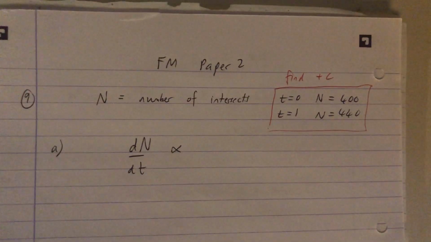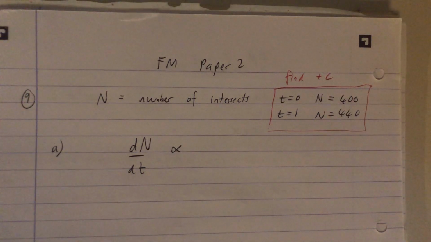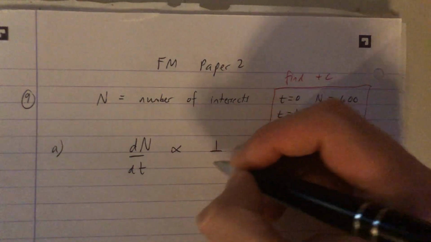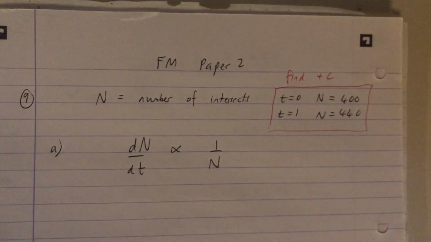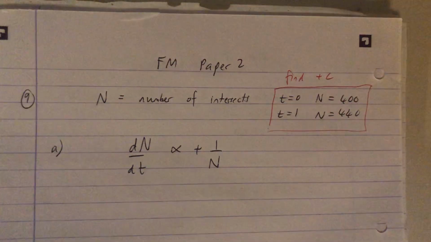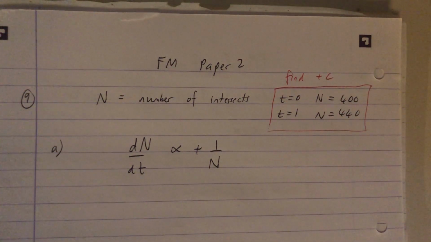Now the letter n represents the number of insects at a particular time. So inversely proportional would be 1 over n. And the only other thing I would mention for this is because the rate is an increase, that's a plus. If this population was decreasing, then I would put minus 1 over n.